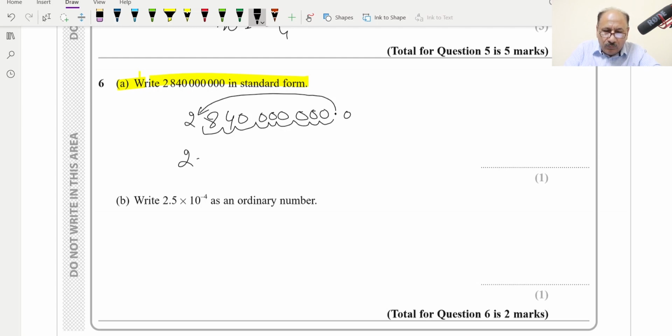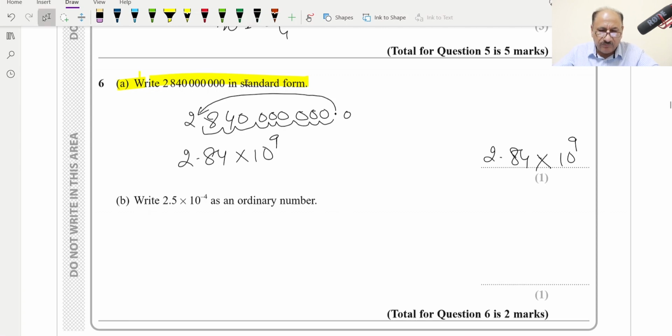So we'll write 2.84 into 10 raised to the power 9. This will be our final answer. Because we are jumping to the left, it will be positive. If we have to jump to the right, it will be negative. So 10 raised to the power positive 9.